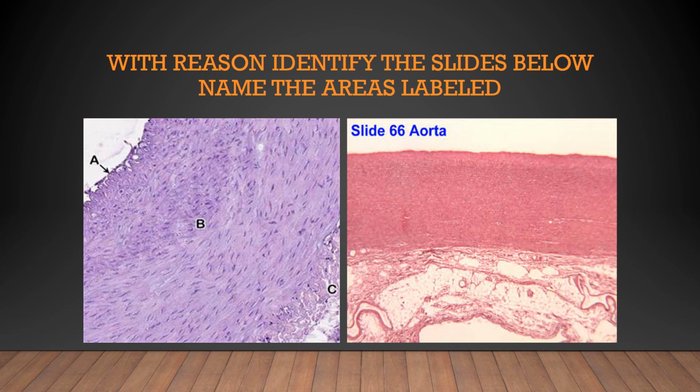It has an ill-defined internal elastic lamellae, and its tunica adventitia is well-defined and contains vasa vasorum. So the part labeled C is tunica adventitia, part labeled B is tunica media, and part labeled A is the tunica intima, which contains the internal elastic lamellae.